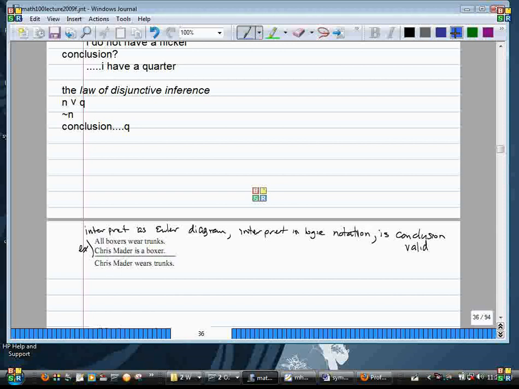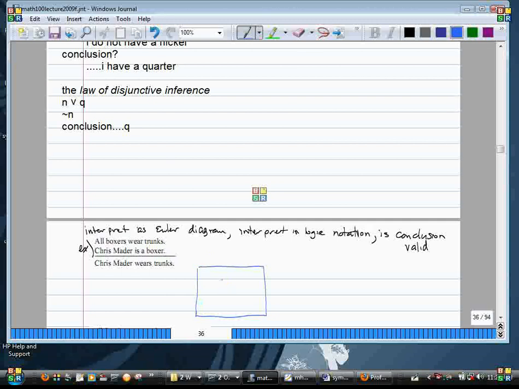So, great. Let's work this out. Let's make a diagram and let's write this in logic notation. The diagram is going to be boxers in one circle and trunks around it.